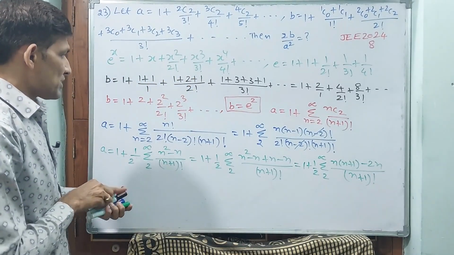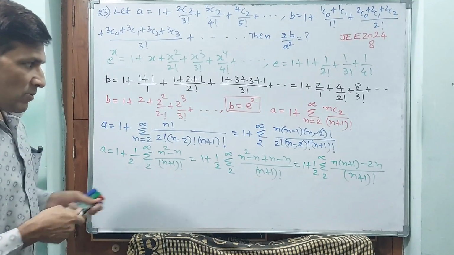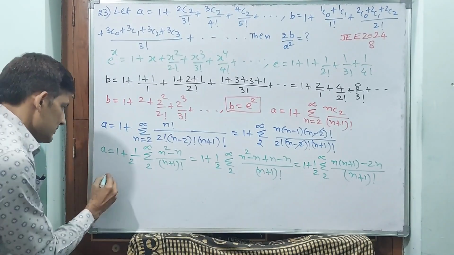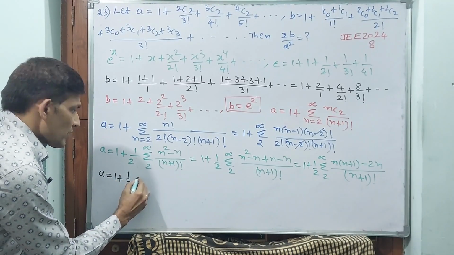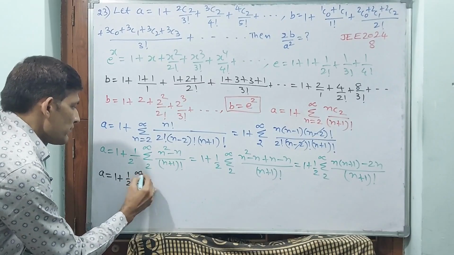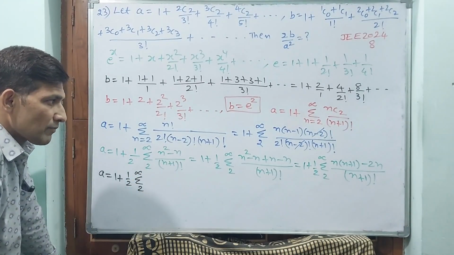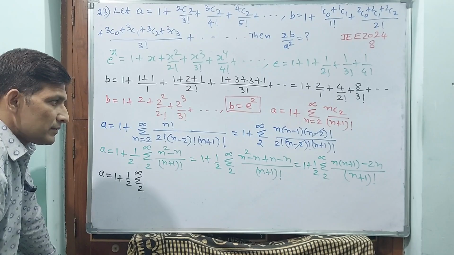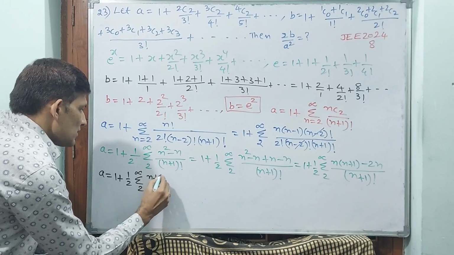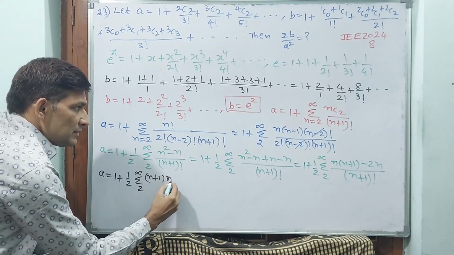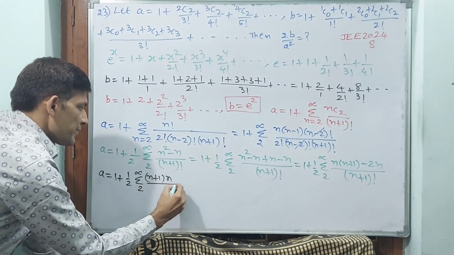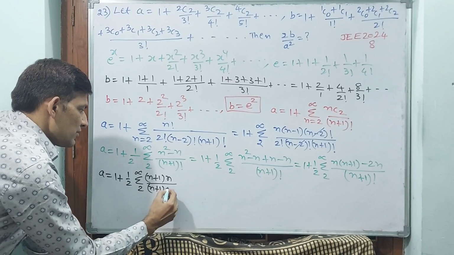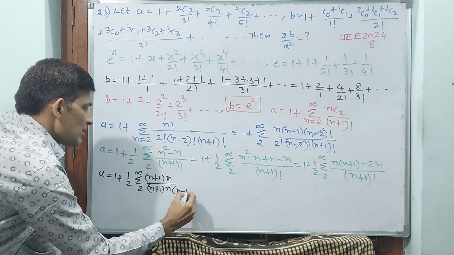Okay, now step by step we will do. Now I am splitting this. See how I am splitting. A is equal to 1 plus 1 by 2 sigma 2 to infinity, n plus 1 into n, this is the first term, by n plus 1 into n minus 1 factorial.